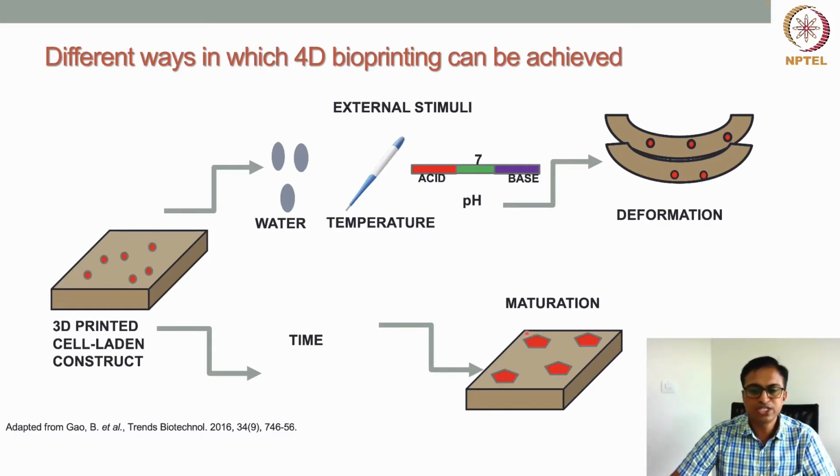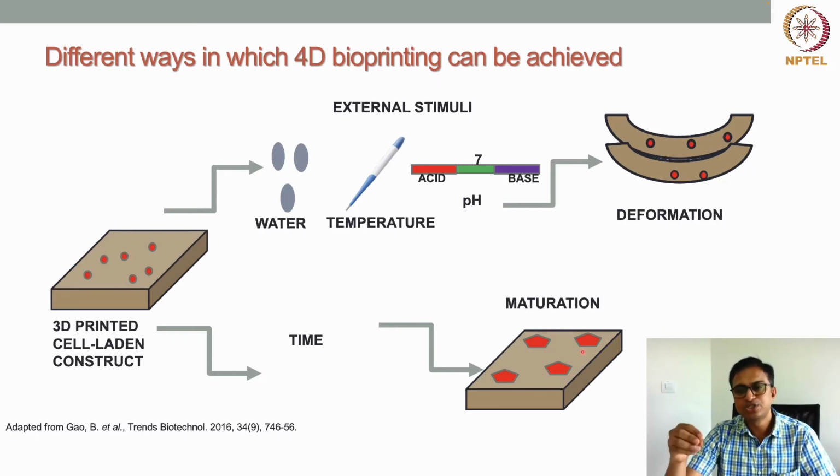Suppose this is a 3D bioprinted construct, and the tissue matures, but we can program this change by choosing a particular type of biomaterial, by introducing a certain number of cells, and we know that if we put this number of cells, this kind of growth can happen, so that we anticipate this change. If we program that change, that can qualify for 4D bioprinting.